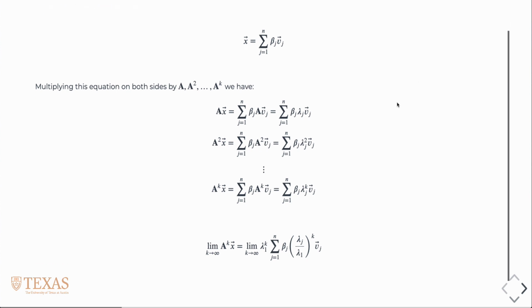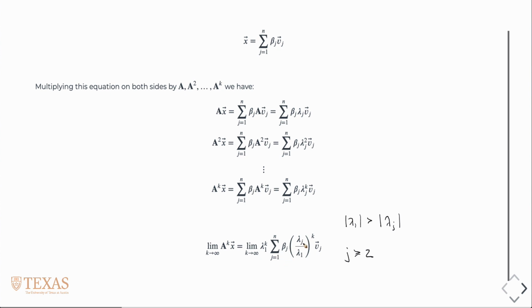Once I have that equation, there's something we can notice about it. I didn't clearly define what lambda 1 is, but lambda 1 is the largest eigenvalue. So the magnitude of lambda 1 is going to be larger than all the other eigenvalues. If we look at this summation, for j equal to 1, this is just 1 over 1, and 1 to any power is going to be 1.